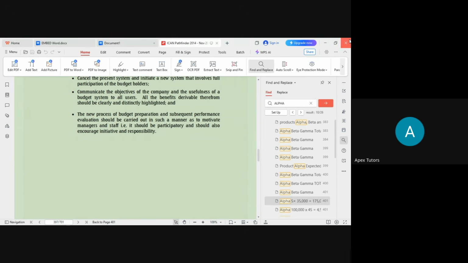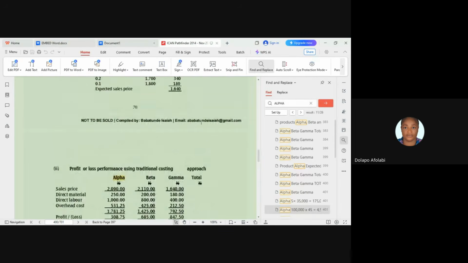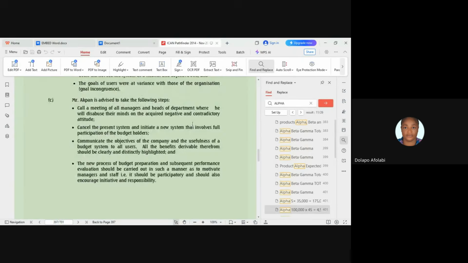But here, you solve it separately and later add it together. In the exam scenario, if we use any of the two, provided we aggregate it together, are we good to go? Yes, ma, very good to go. Thank you, sir. I'm good to go.